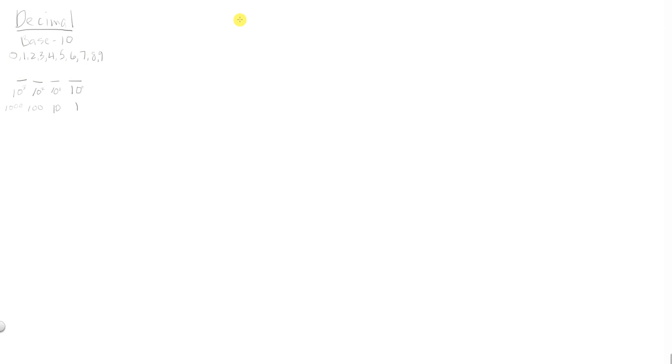And that leads us to our second numbering system, which is called the binary numbering system. It's also called base 2. And it uses 2 characters to represent numbers, 0 and 1.